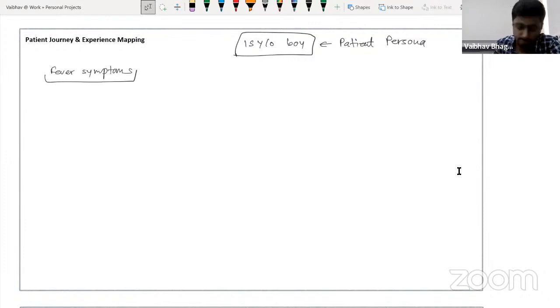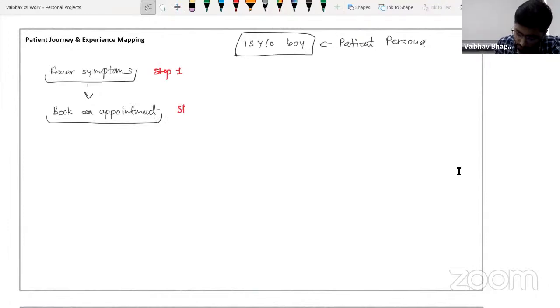If he has some symptoms, then he will maybe go on to book an appointment with a physician. So this is step 1 of the patient journey. This becomes step 2.